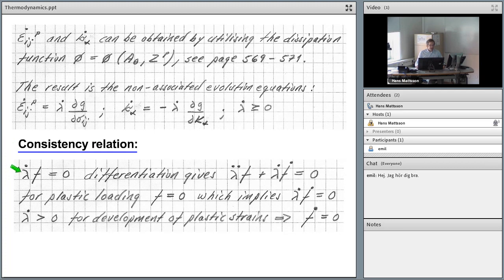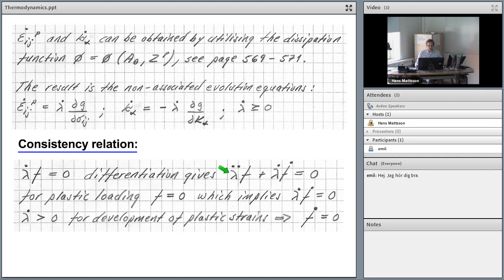We get this relation here that the Lagrange multiplier, or the plastic multiplier as we know it, times the yield function should be equal to 0 from this optimization method with Lagrange. If we differentiate this relation, when we take the derivative of a product, we take the derivative of lambda holding f constant, plus holding lambda dot constant and taking the derivative of f.